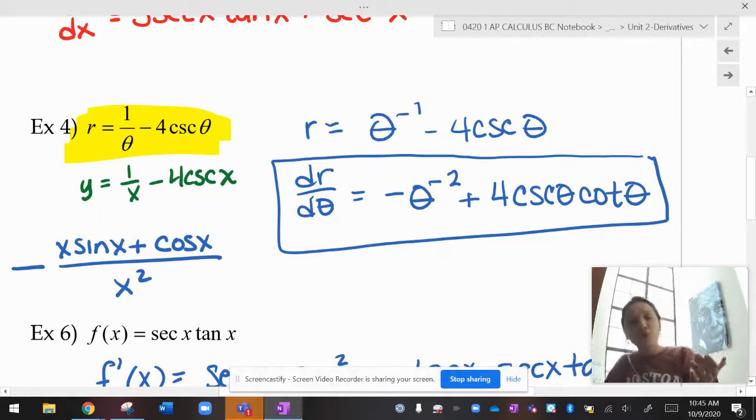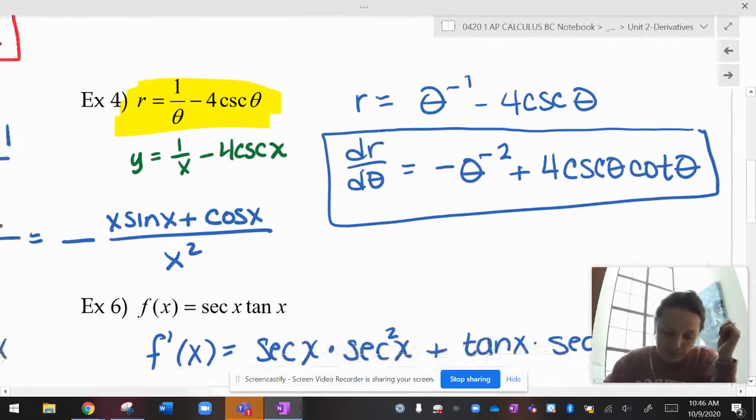And then 4 cosecant theta, 4 is a lead coefficient, so it just kind of waits out in front. The derivative of cosecant is negative cosecant cotangent. My apologies. So when I take the derivative there, it becomes plus cosecant cotangent, and the 4 just comes back.